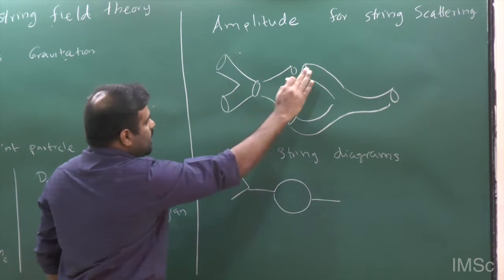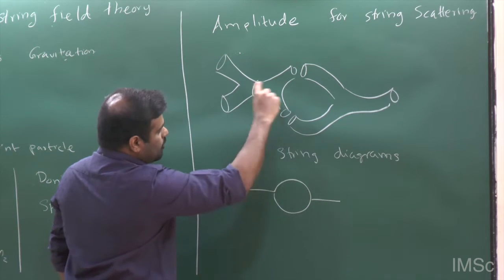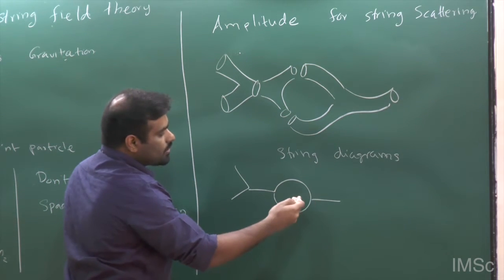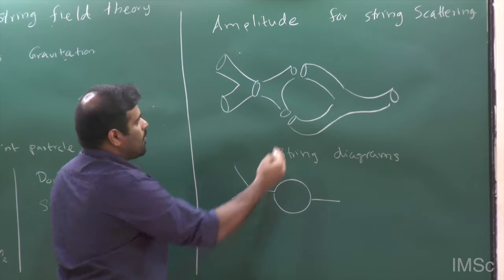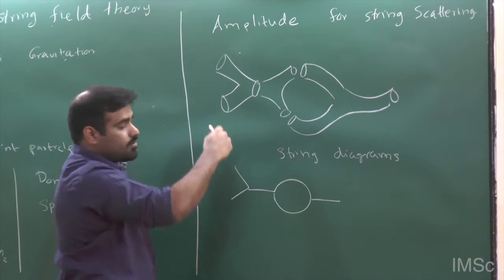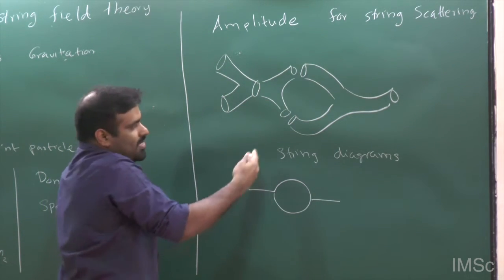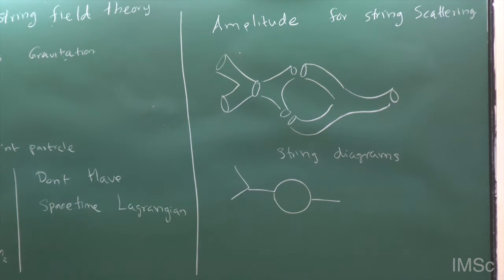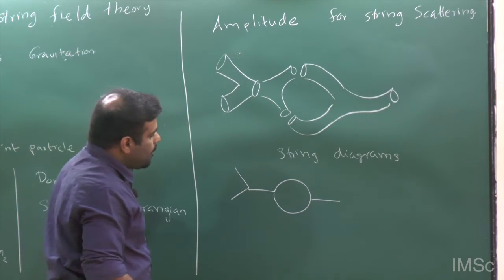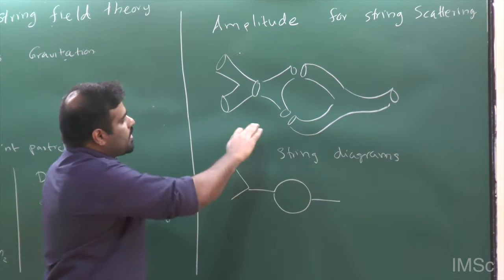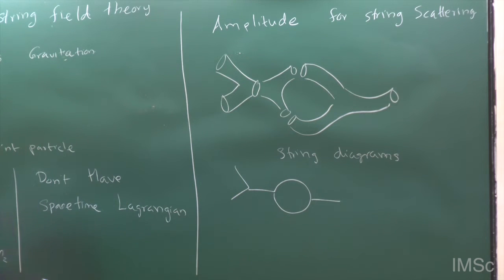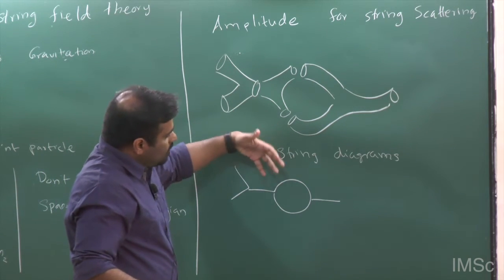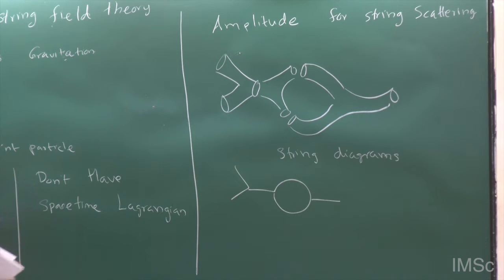If you take the point particle limit, you get this kind of diagram, or you could place this loop on some other side, and you get another diagram. So basically, this diagram has a huge amount of symmetry. But the main point is that the string diagram provides you an object, and that object, once you take the point particle limit, corresponds to several different Feynman diagrams.